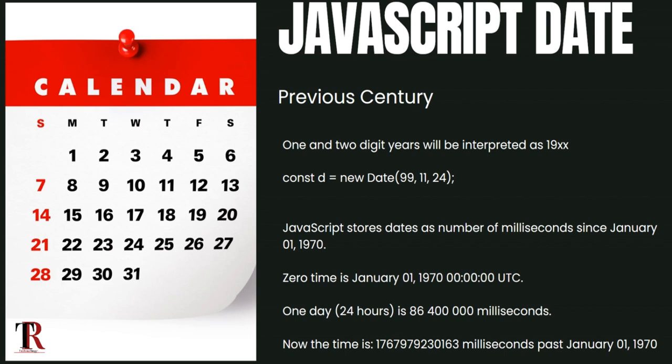We are going to see an example of how this works when working with the date object in JavaScript, because JavaScript stores date as a number in milliseconds since January 1st, 1970. Date counting starts from this in JavaScript. That zero time on January 1st, 1970 is UTC 000, which represents the milliseconds. 1 day, 24 hours, is equivalent to 86,400,000 milliseconds.